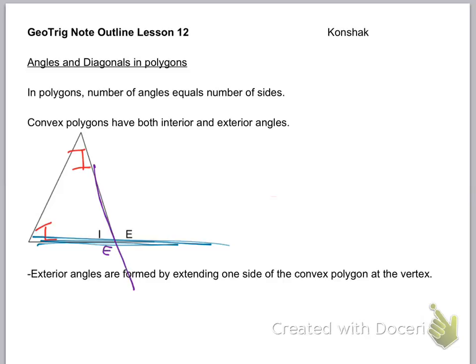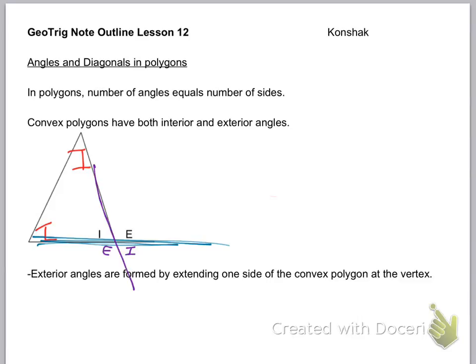This now is E. But both of those E's are the same because they are what? What's the name for that? Vertical angles. They are vertical angles to each other. Just like this would be I, because the I's are vertical angles as well. Any questions? It's kind of straightforward for the most part. Once you get the idea, you're like, okay, I can deal with that.